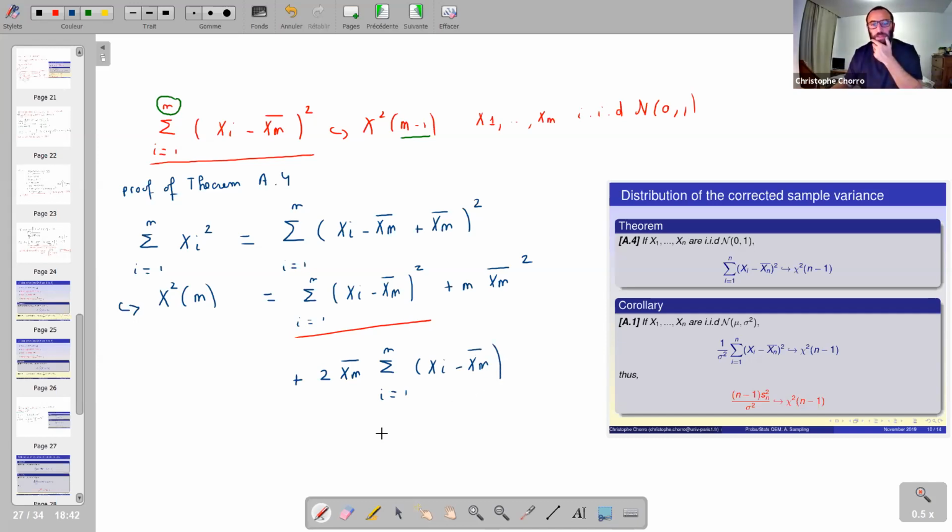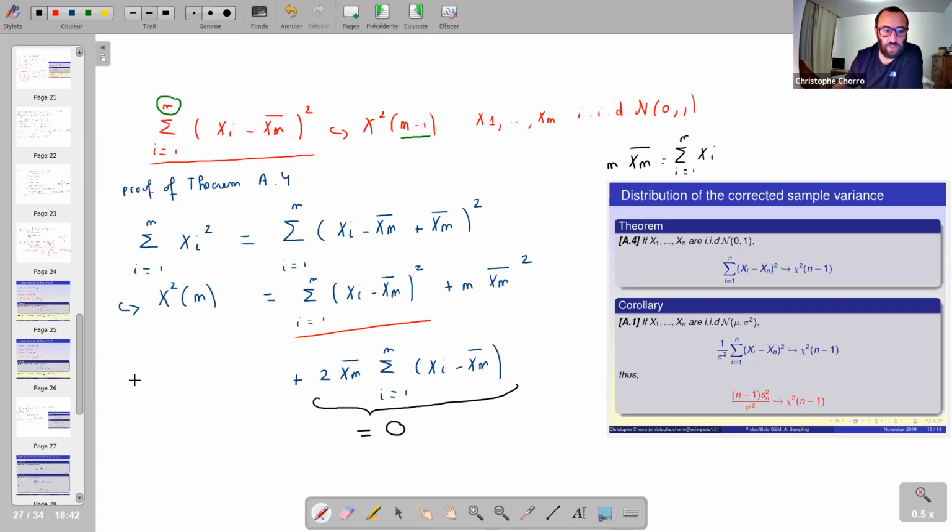But keep in mind that n times Xn overline is just equal to the sum of the Xi. So when you do the sum of the Xi minus n times Xn overline, you obtain something that is simply equal to 0.